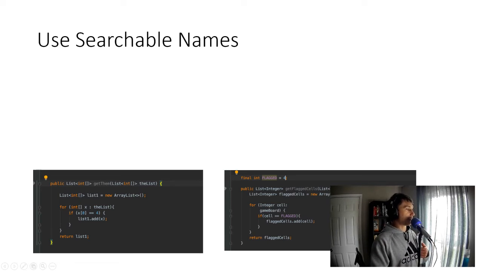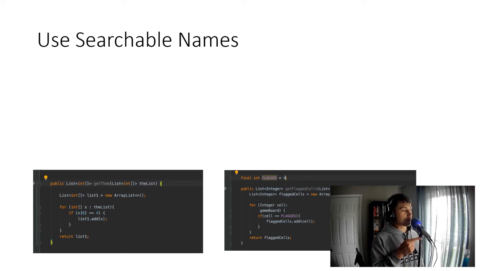And using searchable names. We touched on this just a little bit ago, and how much better it is on the right side screenshot, where you see there's a final int variable called flagged.